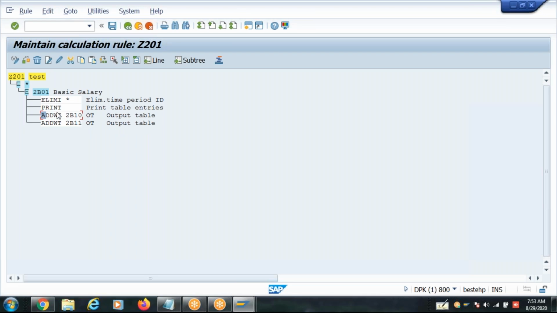Now, after this, how do we reset? So we reset the number field, we reset the amount field, we reset the rate field, and we reset the wage type code also using WCTYP equal to star.